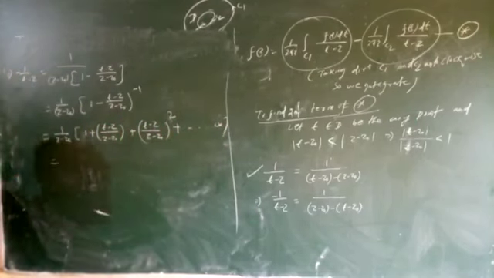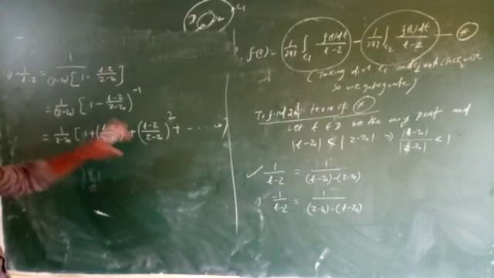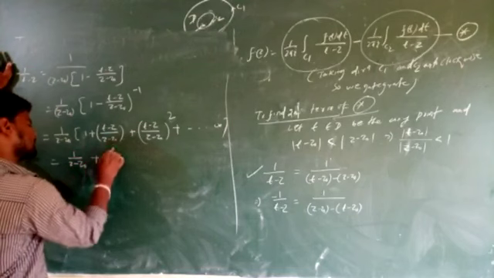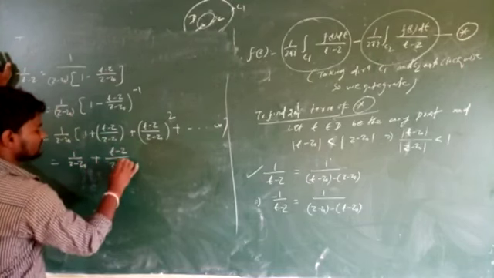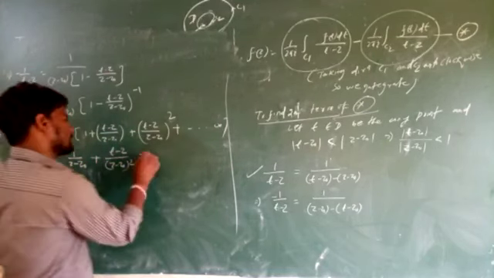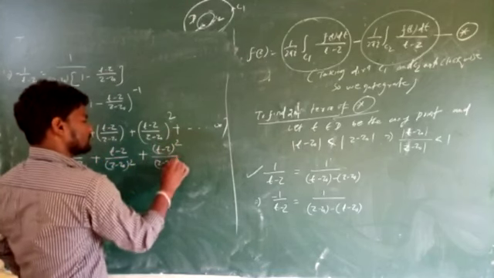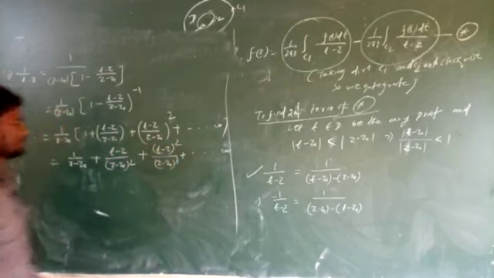By multiplying, we get 1/(z − z0) + (t − z)/(z − z0)² + (t − z)²/(z − z0)³ + ... up to infinity.